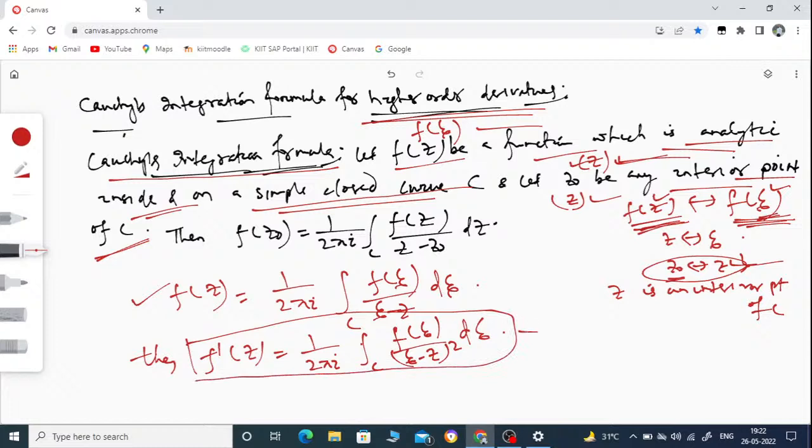This is Cauchy's integration formula for the first derivative f dash z.